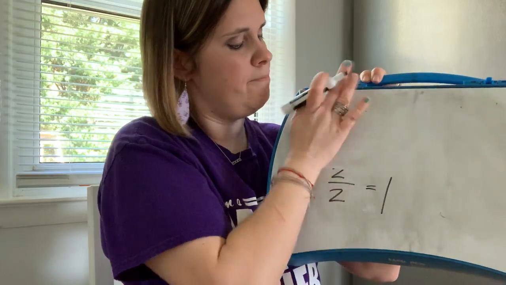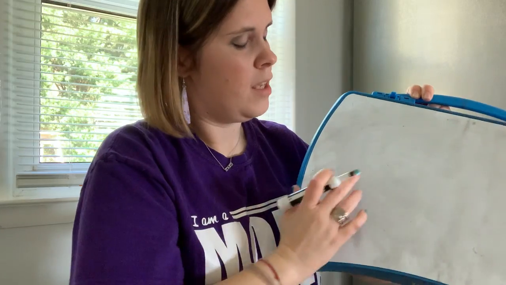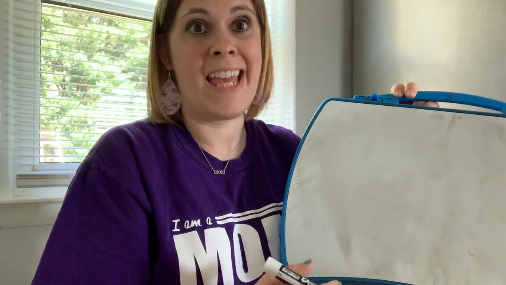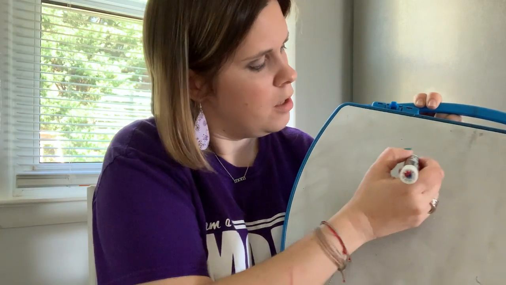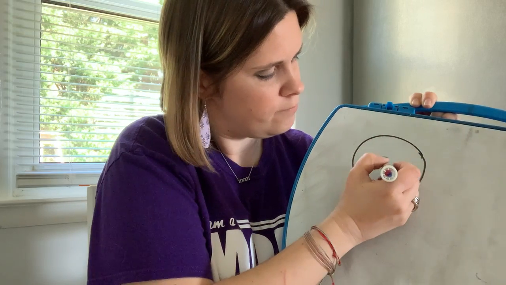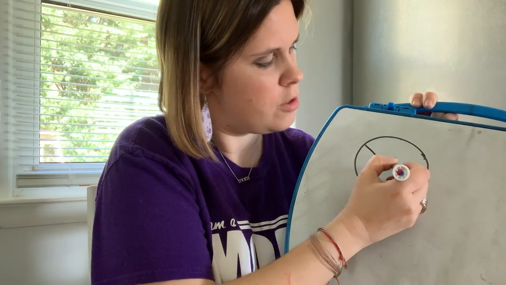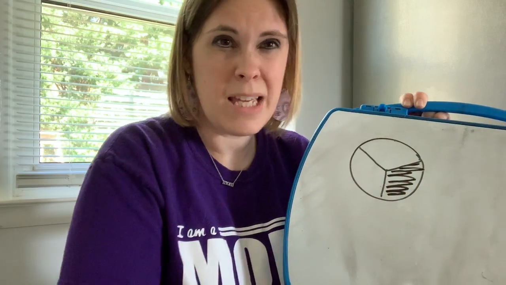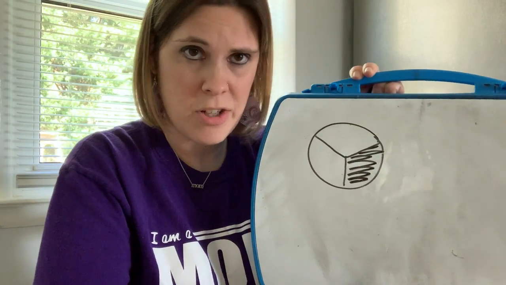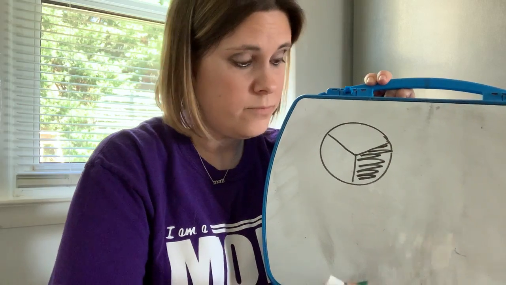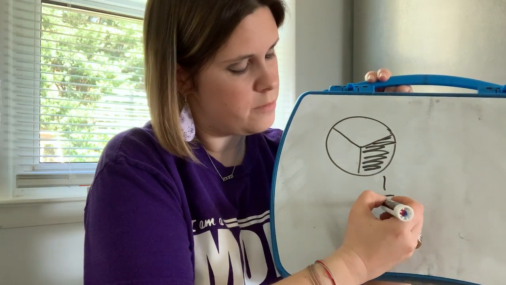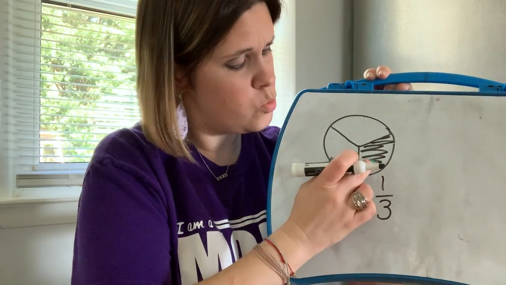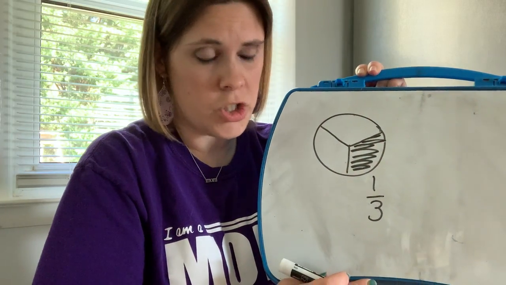So let's look at another one. This time I'll do a cookie cake. Cookie cakes are good, aren't they? So we've got a cookie cake. I'm going to split it up into thirds. Say a big slice. Okay, what would that fraction be? The fraction would be 1/3, because 1 out of 3 are shaded.